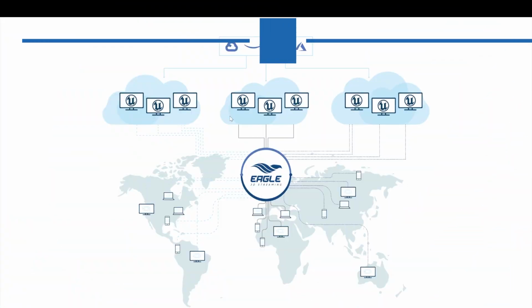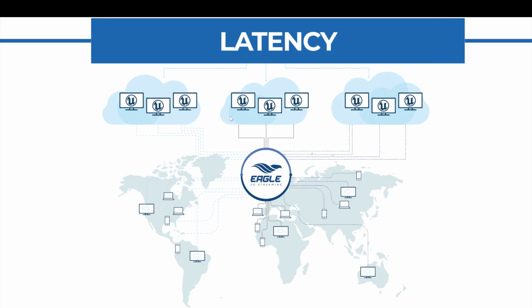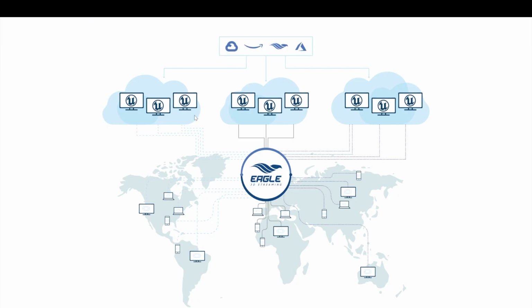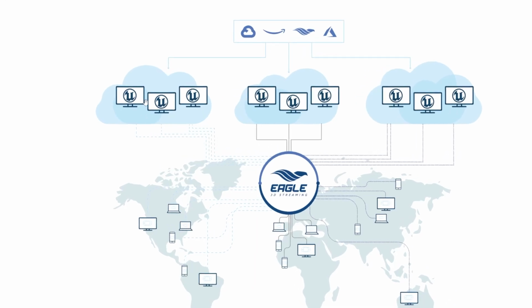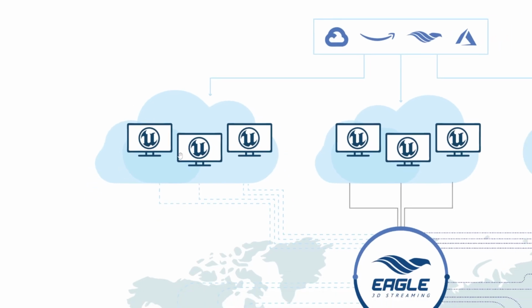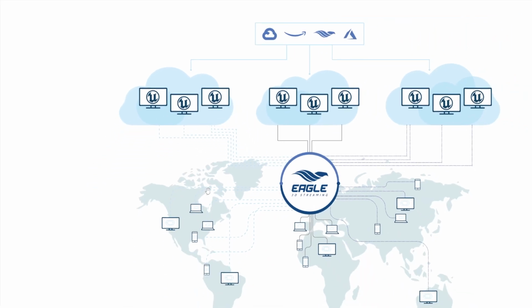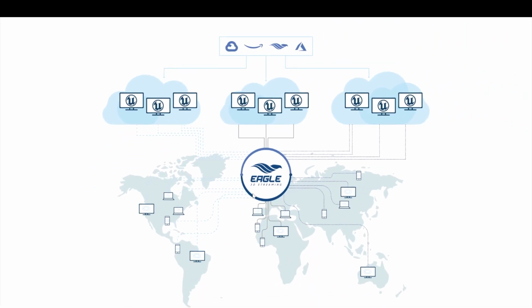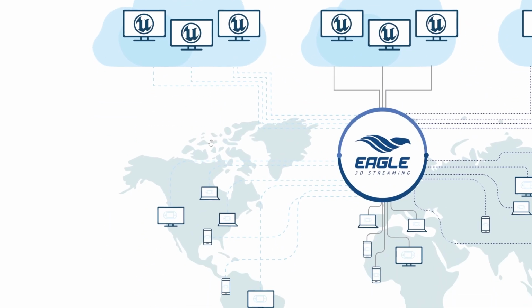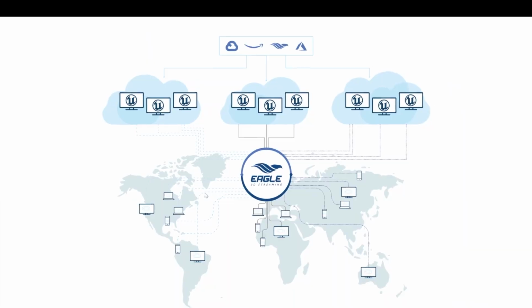Let's now turn to the concept of latency and how we can improve it when it comes to pixel streaming. As you know, latency is always going to be involved when pixel streaming because we are running a game engine in the cloud and streaming the output to the end user. Latency is basically the delay between when an action is initiated and when the effect is observed.